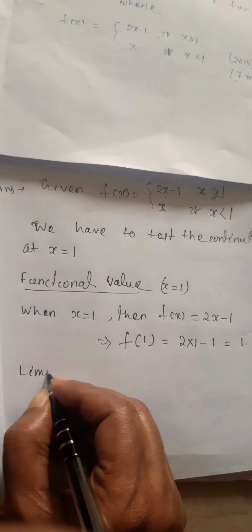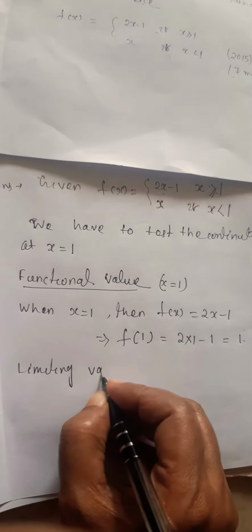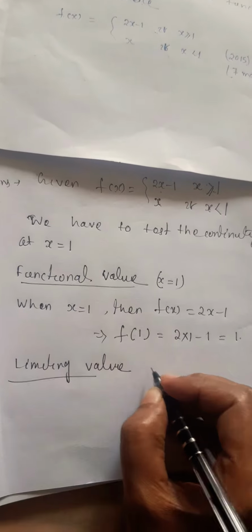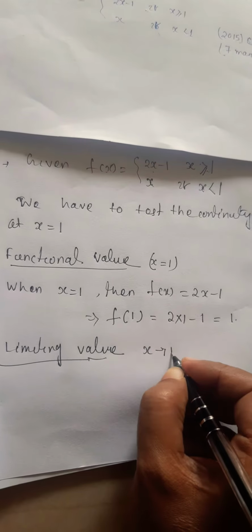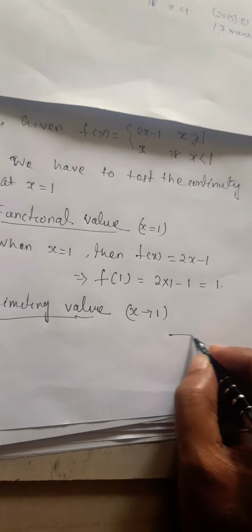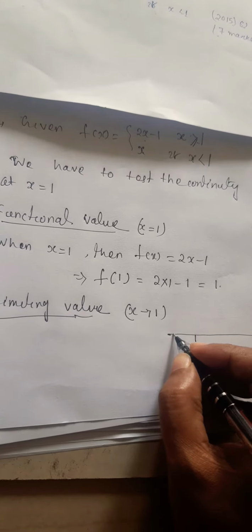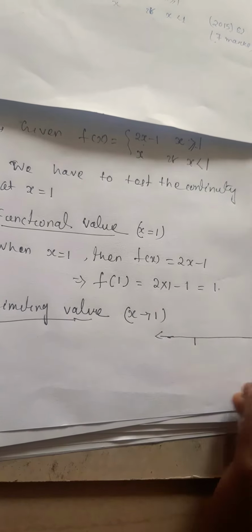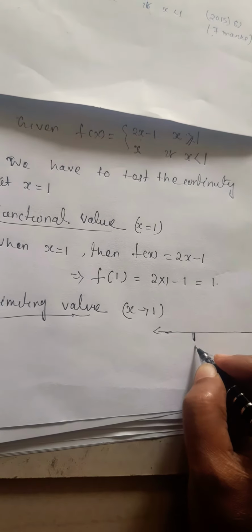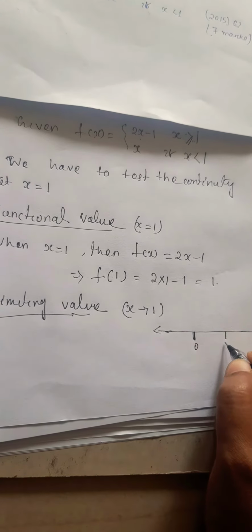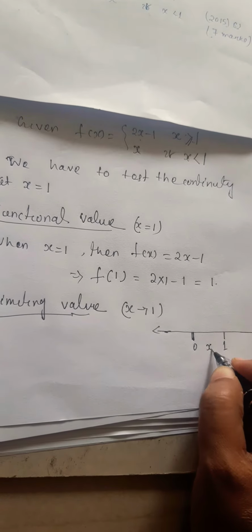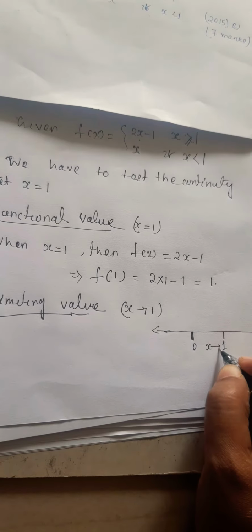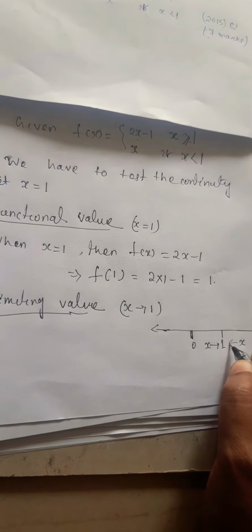Now it's time to find the limiting value, that is, when x becomes closer and closer to 1, or x approaches 1, what is the value to which f(x) approaches. Suppose this is your 0 and this is your 1, then we have to approach 1. We can go towards 1 from the left side and from the right side.